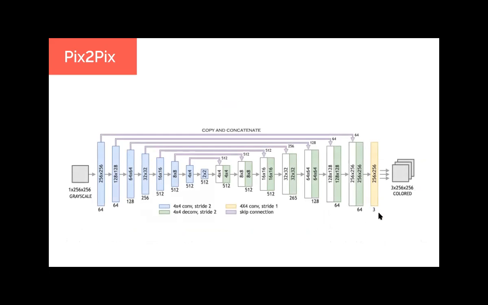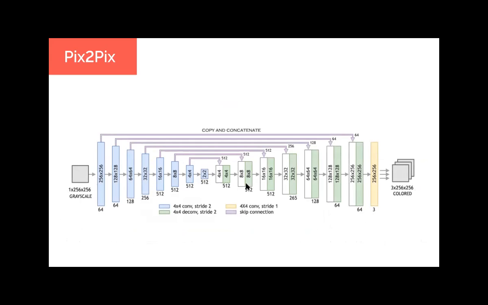As we just mentioned in the face example, this one is a model to colorize an image. You input a grayscale image of 256 by 256, and then it will extract the features until this point, which is an embedding of 4x4 that contains all the important features of the input image.